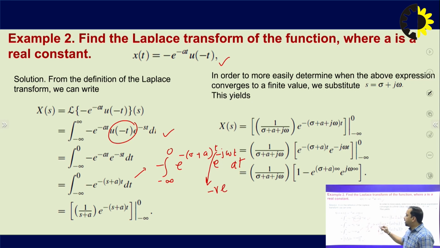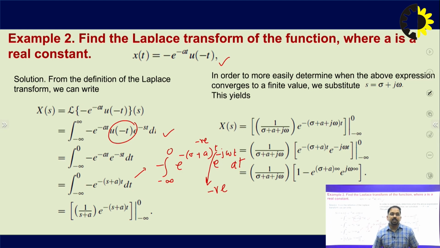If we say that sigma plus a is greater than 0, it is not going to converge for any value of sigma. But if sigma plus a is less than 0, then we can visualize that this quantity is negative, and t is negative, and this is negative. So overall we have a negative quantity.